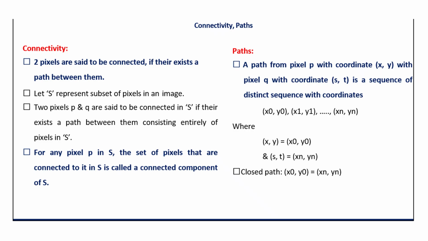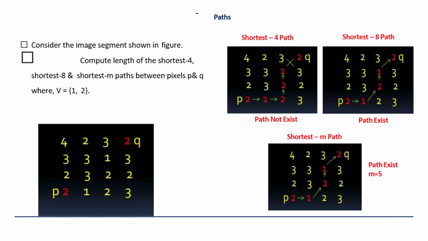So we'll see this with an example. Consider the image segment shown in the figure. Compute the length of the shortest 4-path, shortest 8-path, and shortest M-path between pixels P and Q. For example, here V is equal to 1, 2, which means a path can exist only through pixel values 1 or 2.